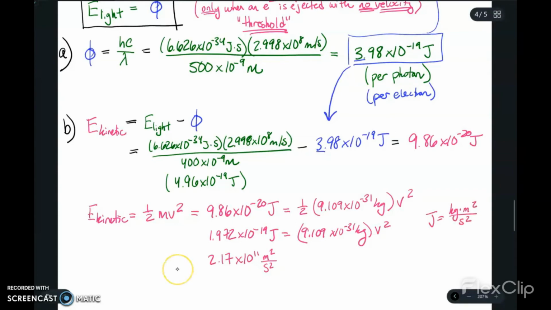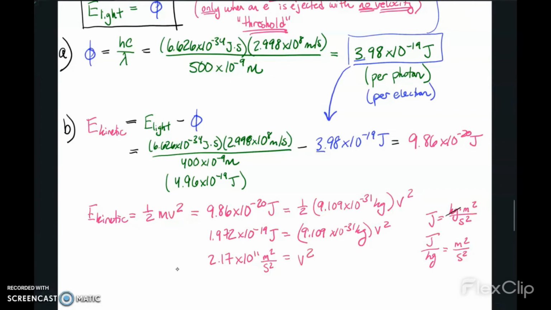So if I divide joules by kilograms, I'm essentially canceling out the kilograms on top, and that's what's leaving me with meters squared per second squared. Okay, so that equals our velocity squared.